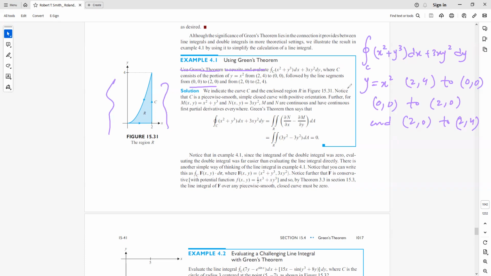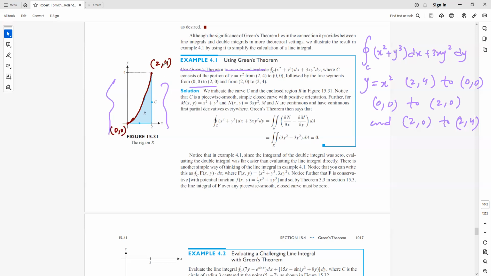So this is the curve. You can see here, this is the curve y equals x squared, from (2, 4) to (0, 0). So this is the origin, that is (0, 0). This is the point (2, 4).